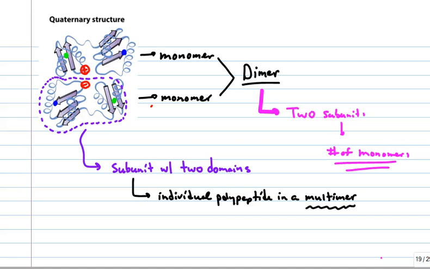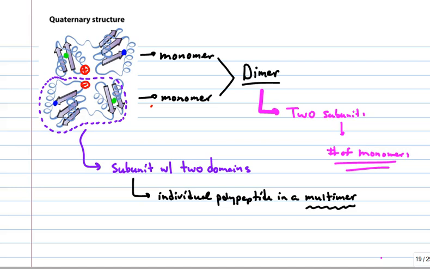And so there are two subunits in a dimer. There are two monomers in a dimer. And in fact, if you look at one of the monomers that I've highlighted with the purple dashed line, this subunit has two domains because there's two independent areas of structure in one molecule. Those are called domains. But there are two monomers to make up this structure, so we would call this overall structure a dimer. This is called quaternary structure.